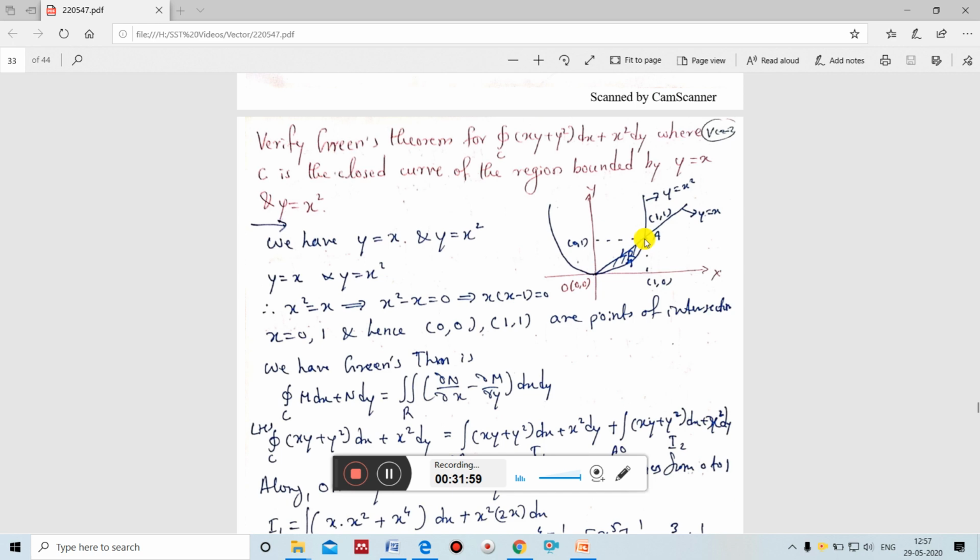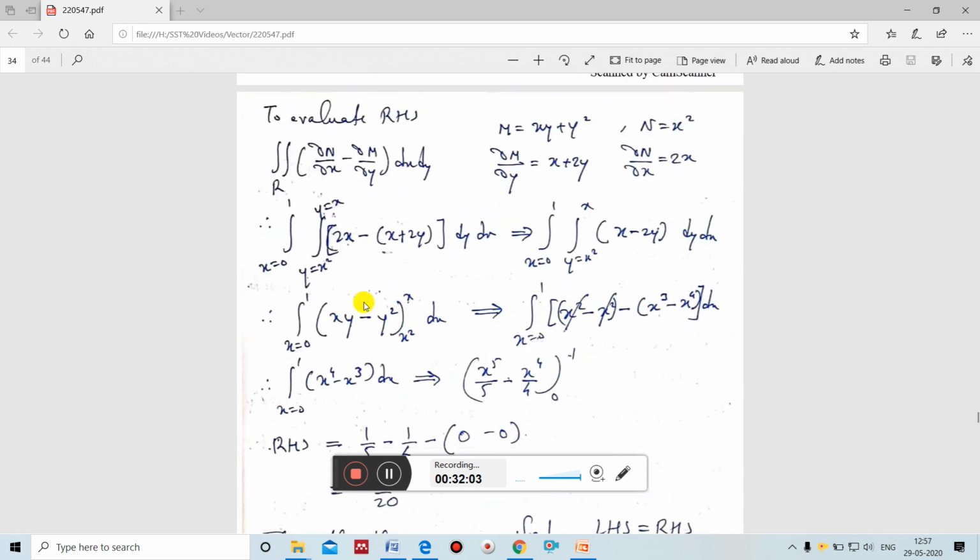So y = x is taken as the upper limit and y = x² as the lower limit, and x varies from 0 to 1. After substituting, we get 2x - x - 2y, or (x - 2y) dy dx.